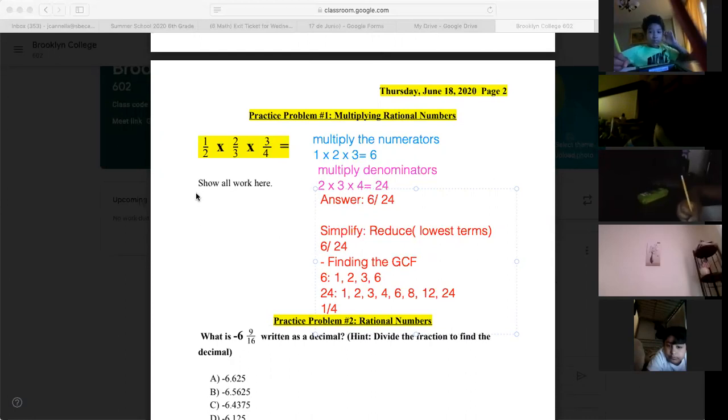So we're just going to write a little text box over here, and then we're going to write these notes down. So the answer is actually 6 over 24.